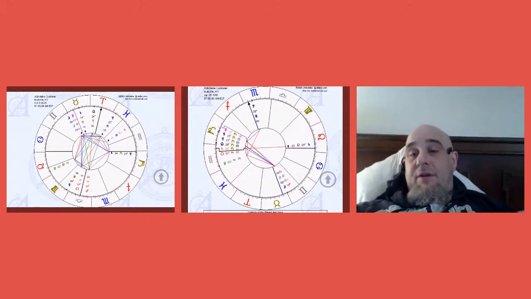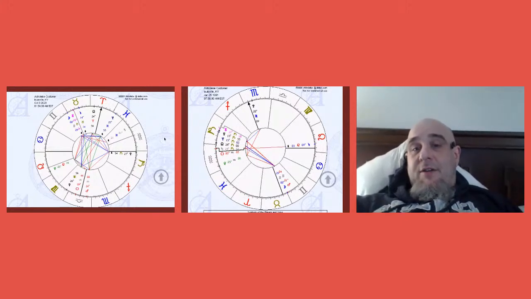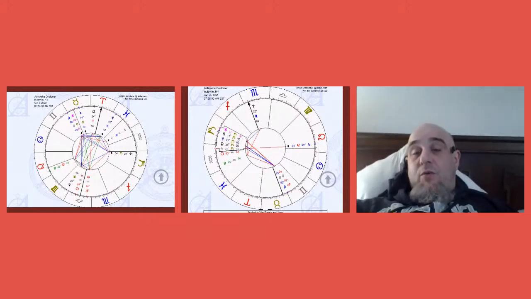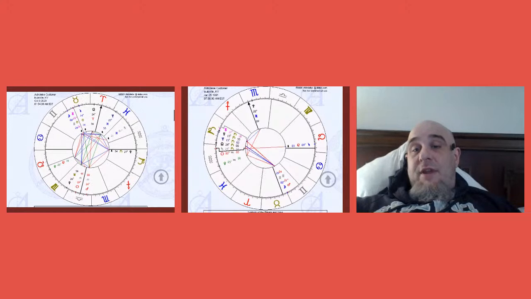What I am going to do is show you how to calculate a transit chart for the lunar return, which is pretty much just like calculating a transit chart for your natal birth chart.